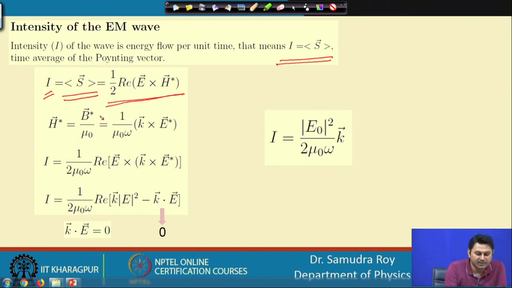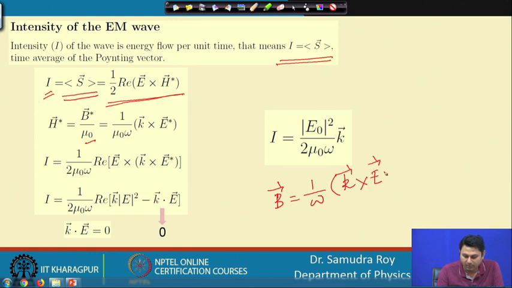Now, H star is B star divided by mu, and if I write B in terms of E and k, which we have done in our previous calculation, then B was, if you remember, 1 divided by omega into k cross E. That was the direction of vector B. So, now if I make a B star of that, we put a star here and we have to put a star on E here.